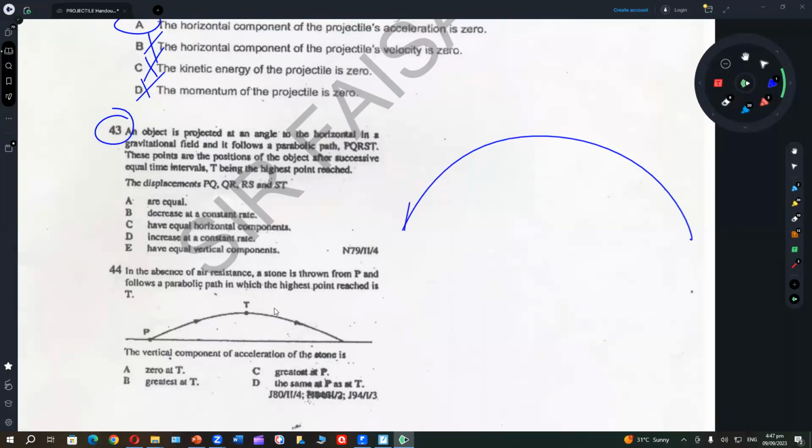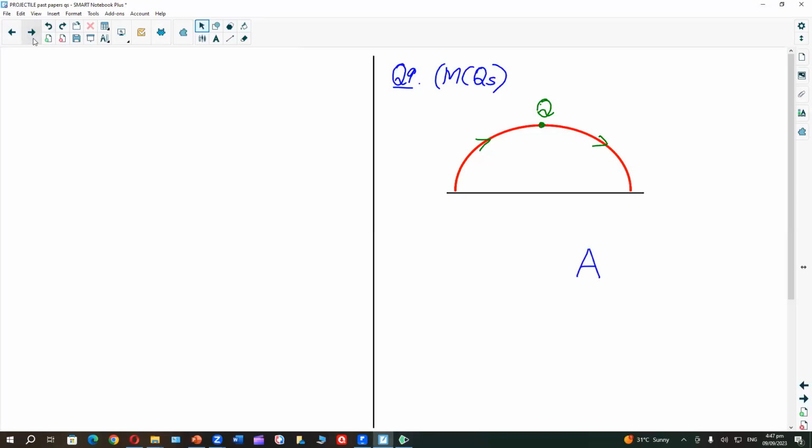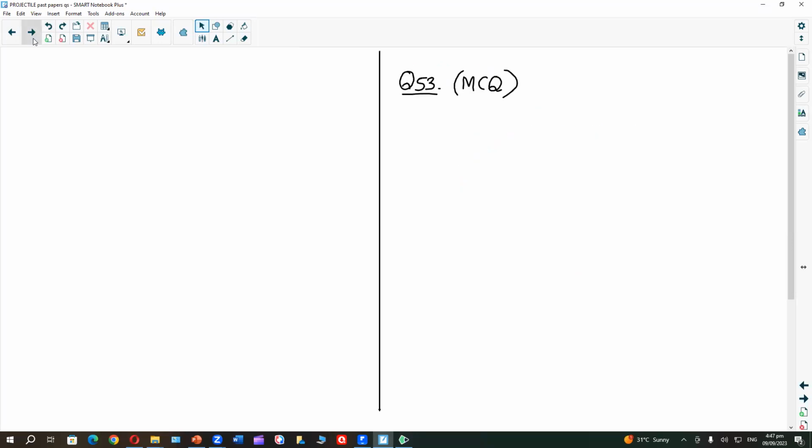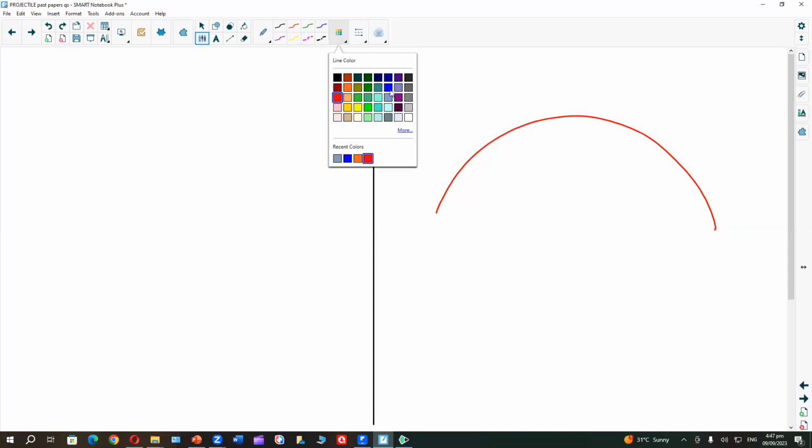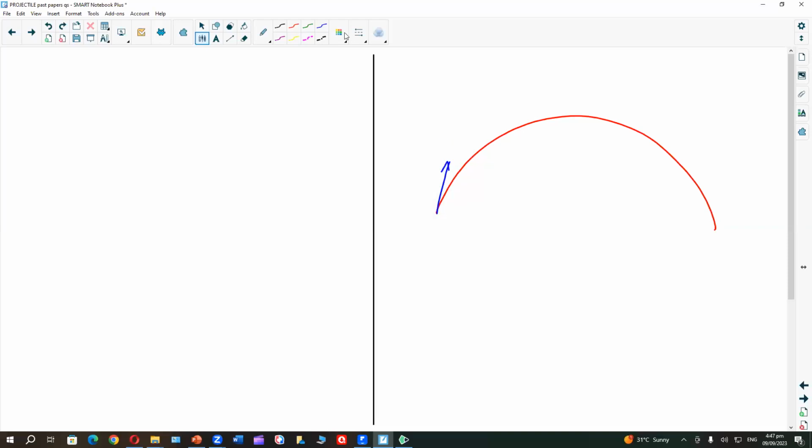So once you draw a projectile, it is better to remember that if you draw the horizontal and vertical displacements at different positions, you can observe the vertical displacement is changing.